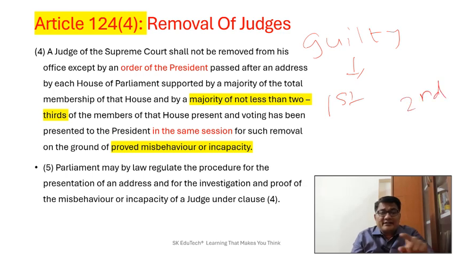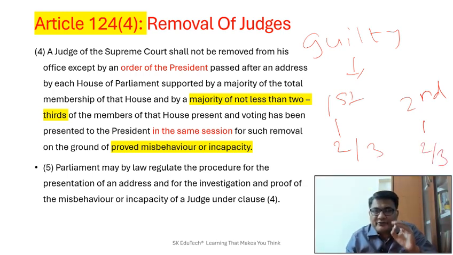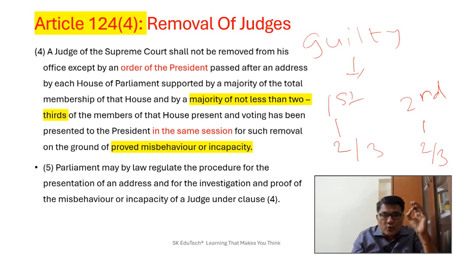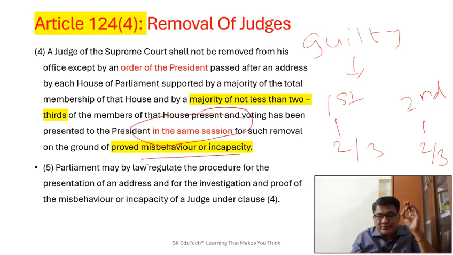Remember, it's not a joint session, it's an independent session. And if it is passed by 2/3 majority in both houses, does that mean the judge gets removed from his position? The answer is no. Here the President has to pass the order in the same session. Unless and until the President passes an order, a judge of High Court or Supreme Court cannot be removed from his post.